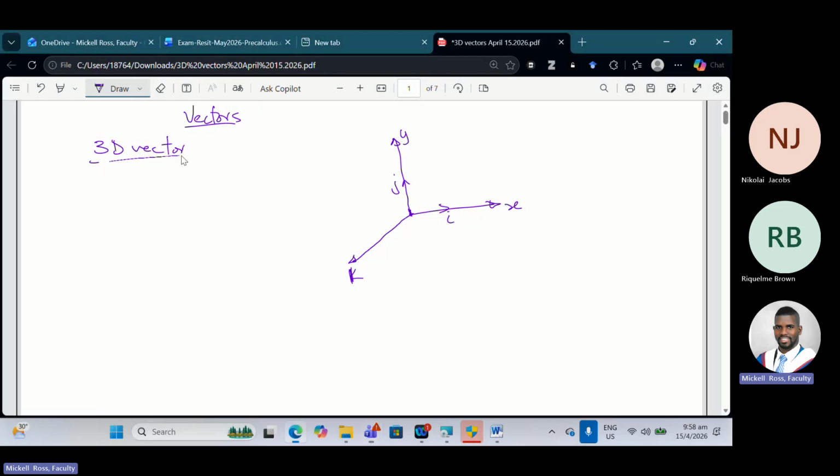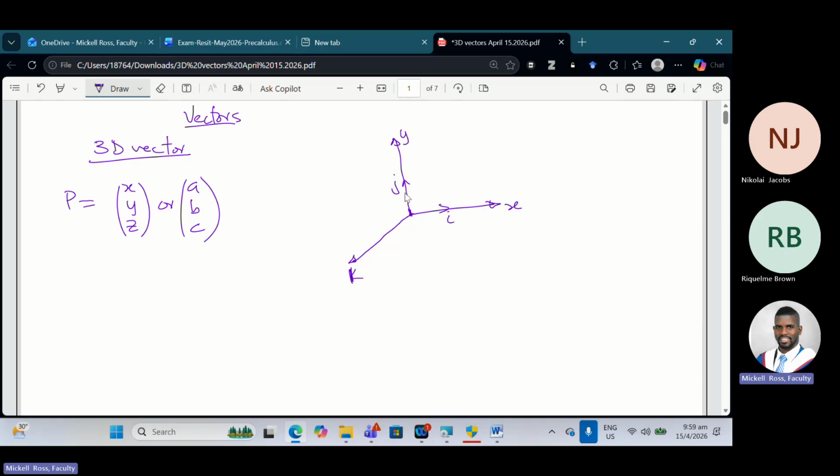Now, representing a 3D vector in component form, you can have a vector, say vector P, equal to x, y, and z, right? Or maybe somebody uses a, b, c. But what we're going to have and recognize is that we're going to have three numbers instead of two.